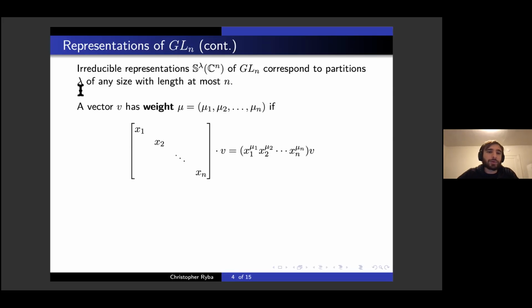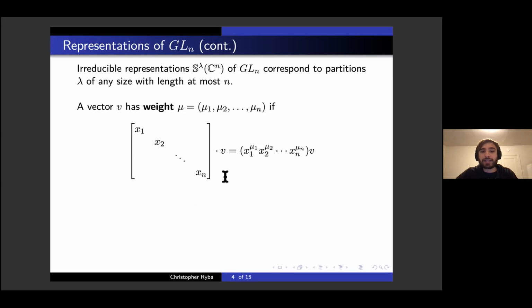So I want to define a weight vector. A vector is going to be a weight vector of a given weight, which is going to be a sequence of, again, integers, if it satisfies the following equation. Here what I have is a diagonal matrix whose diagonal entries are x_1 through x_n, and I apply it to v. When I say apply, I want to emphasize that this matrix should be viewed as an abstract element of this group, acting on a representation of the group.